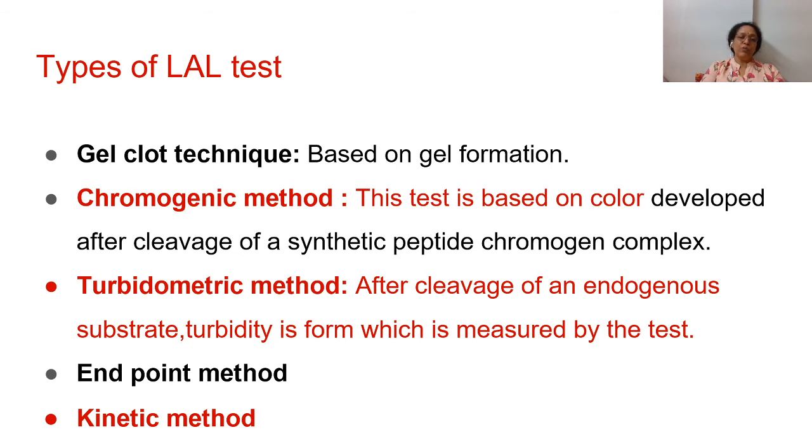Both methods can be performed in two ways: the first one is an endpoint method and the second is a kinetic method. Means chromogenic endpoint method and chromogenic kinetic method, and at the same time turbidometric endpoint method and turbidometric kinetic method are possible.